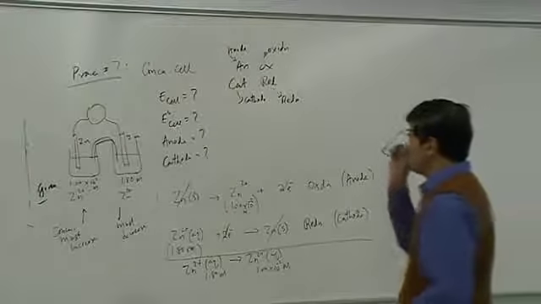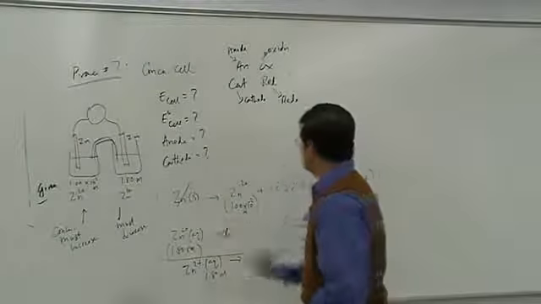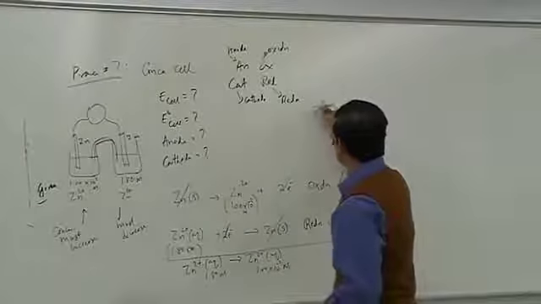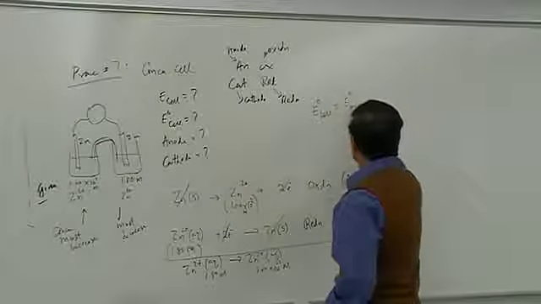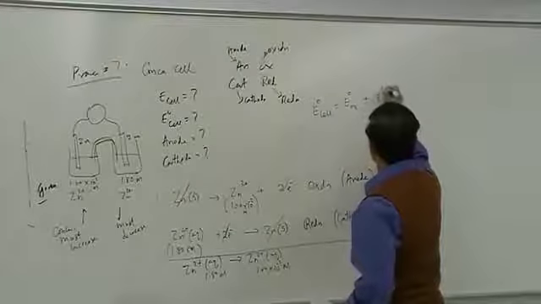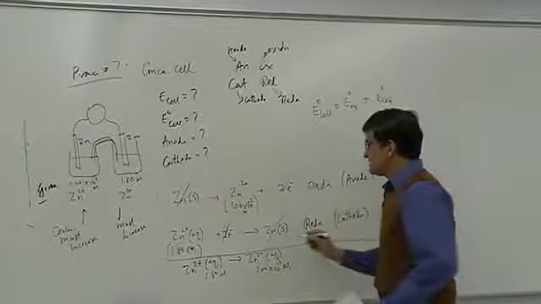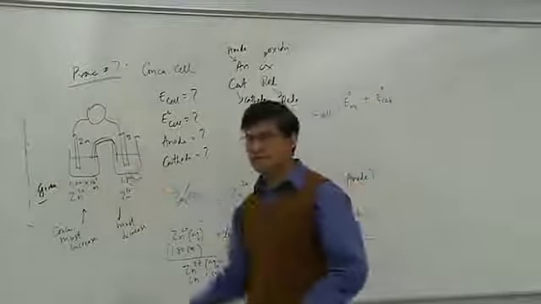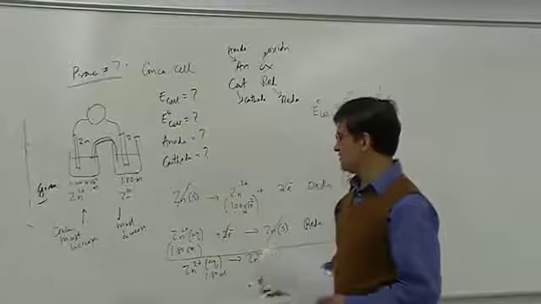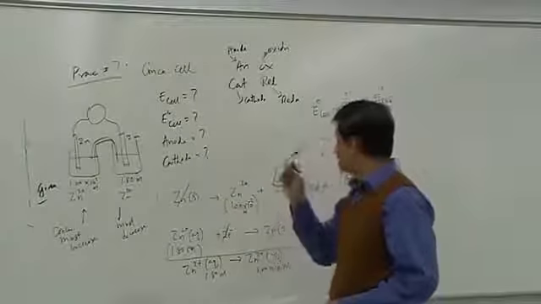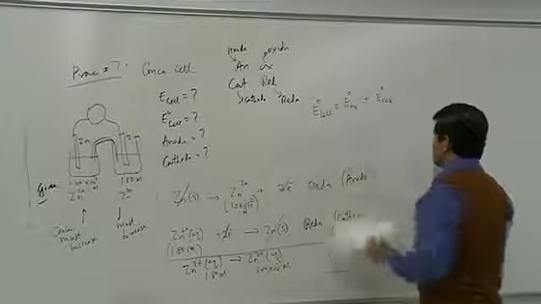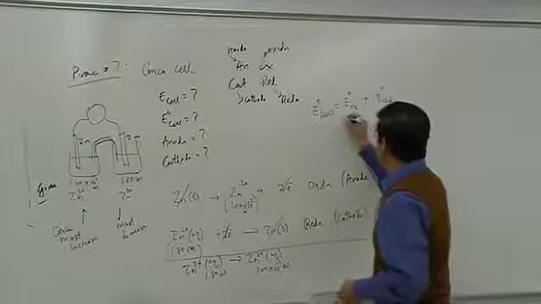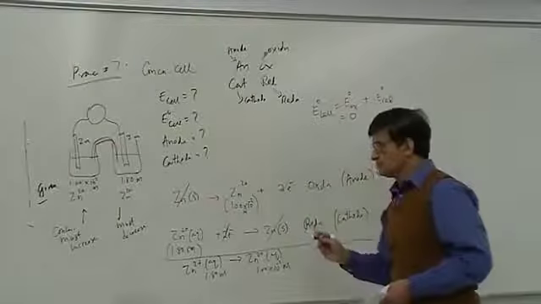Now let's find out what is E0 cell, standard cell voltage. Giving E0 oxidation plus E0 reduction. Since it's the same metal, no matter whether you use the book value or any value that you can think of, one is going to be positive, the other one is going to be negative, but the same value. It is the same electron.